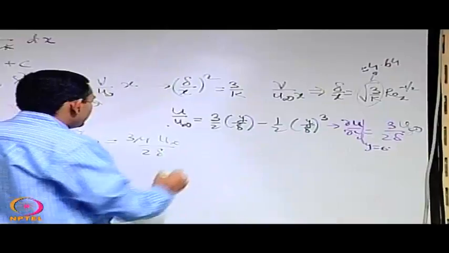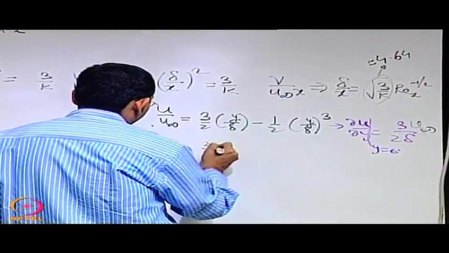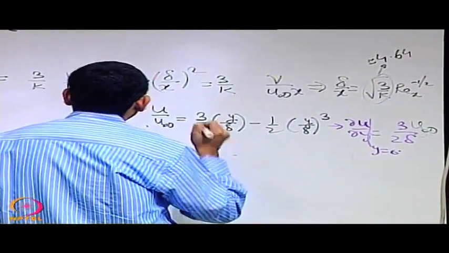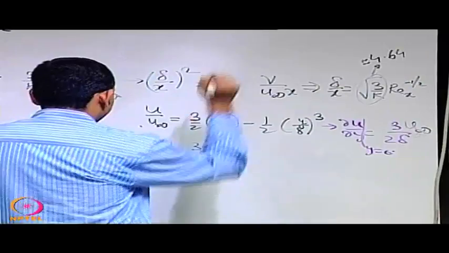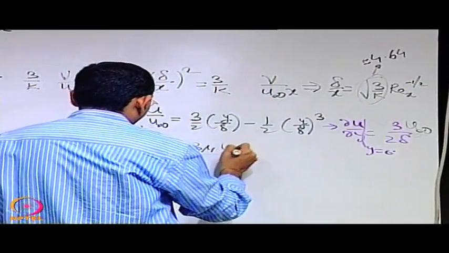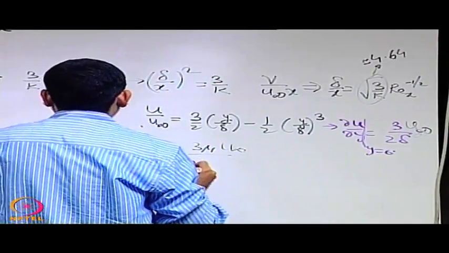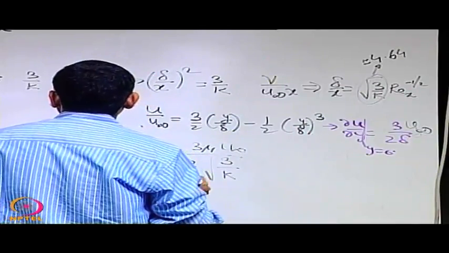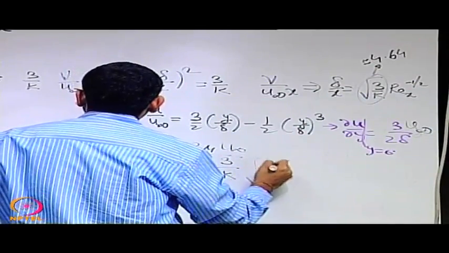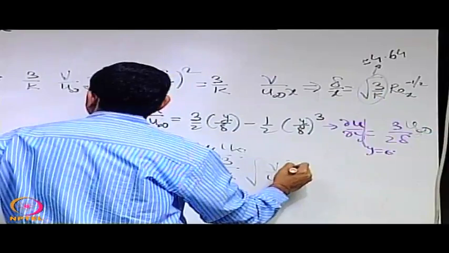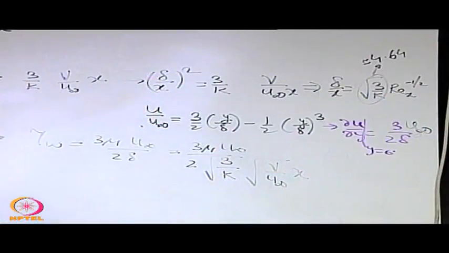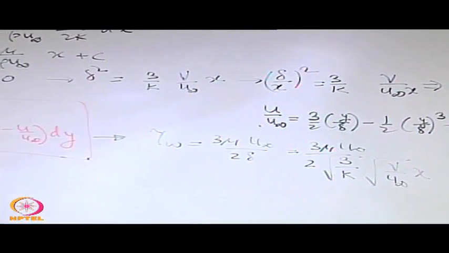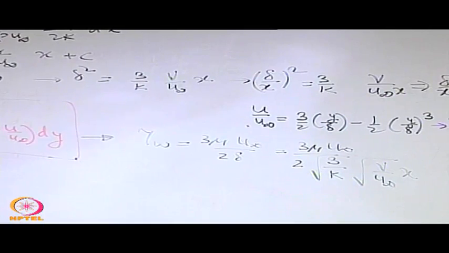So tau wall is 3 mu u infinity by 2, and in place of delta we will write square root of 3 by k into square root of nu by u infinity x, right.